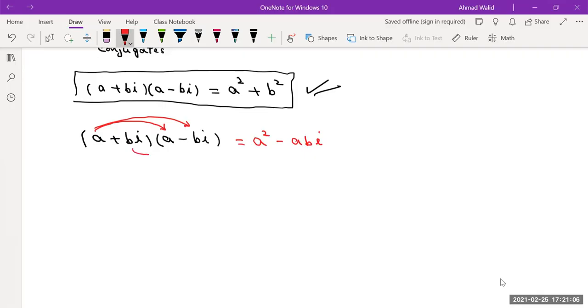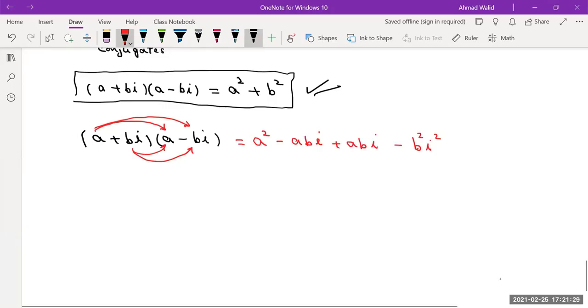Now distribute the second term to both, which gives you positive abi minus b squared i squared.